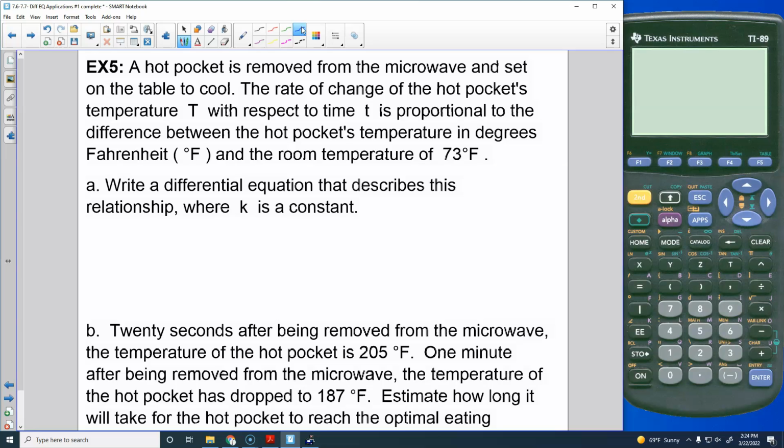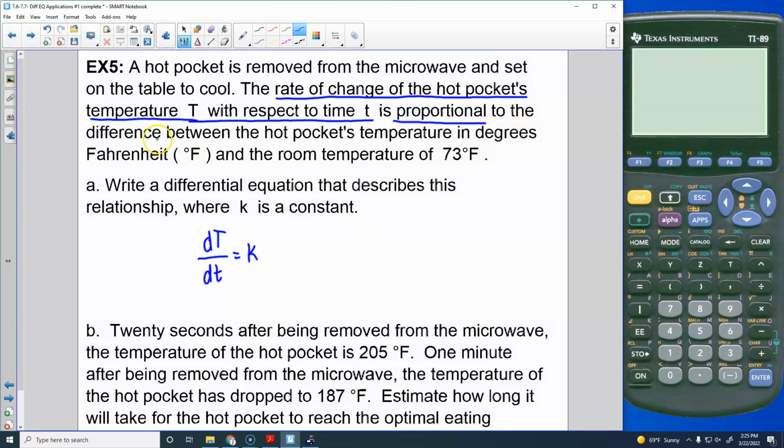All right, so we got to write the differential equation. The rate of change of the hot pocket's temperature with respect to time, it is dT over dt, is proportional. That tells me to write k.